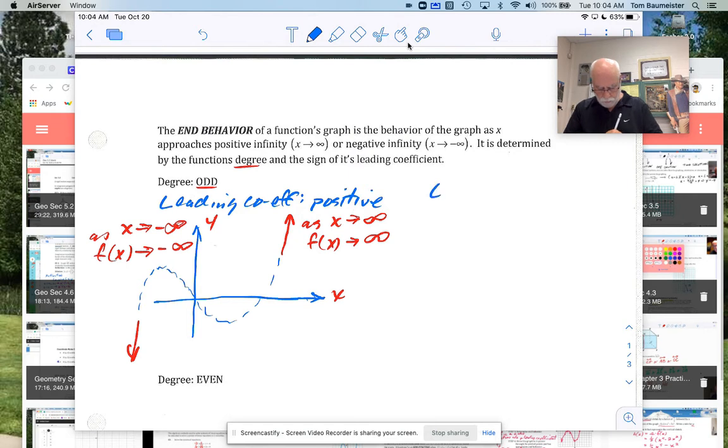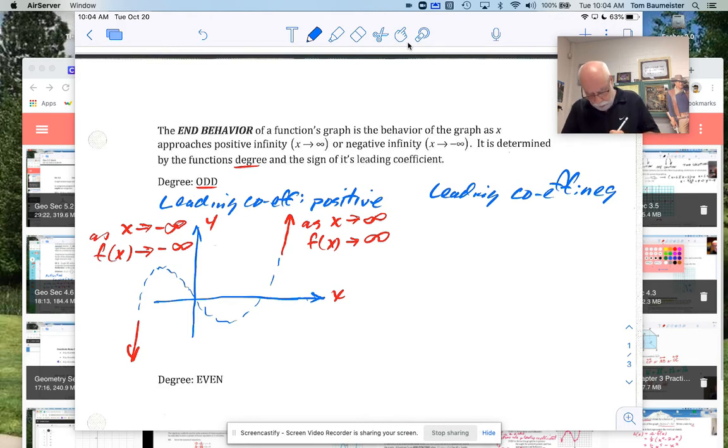When the leading coefficient is negative, and again, I didn't give myself enough room, so that's why I'm going to put stuff like that.